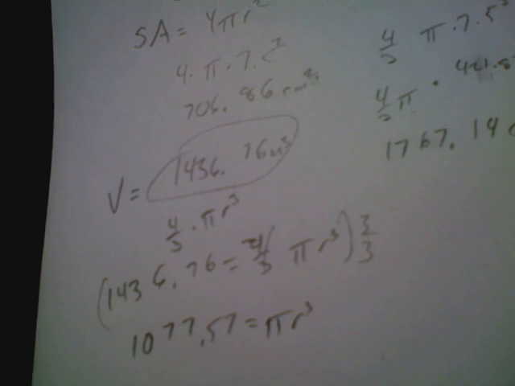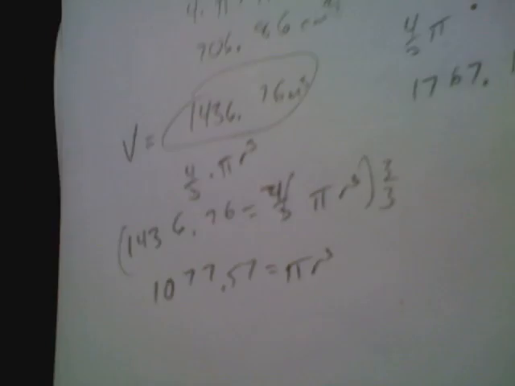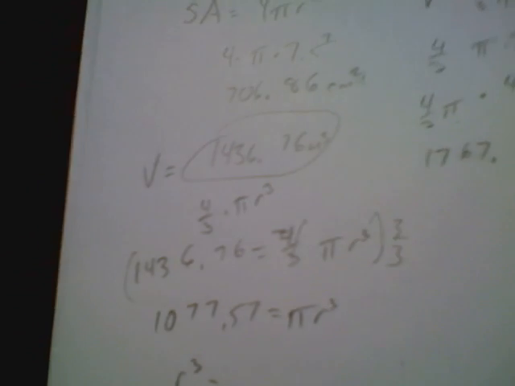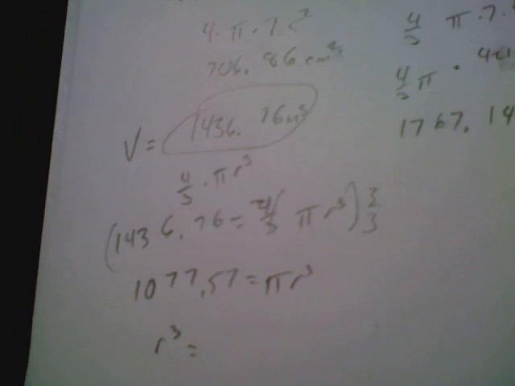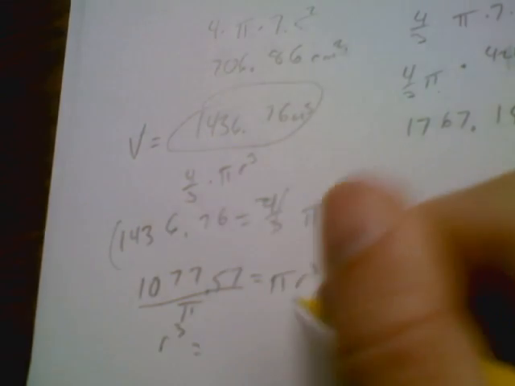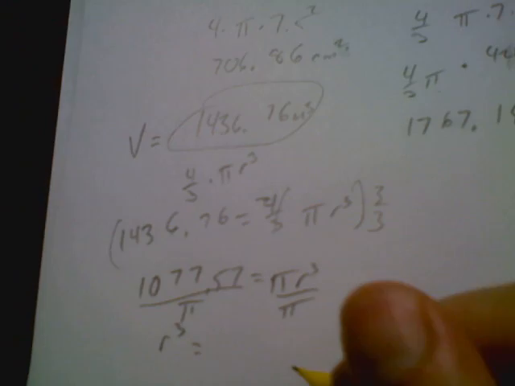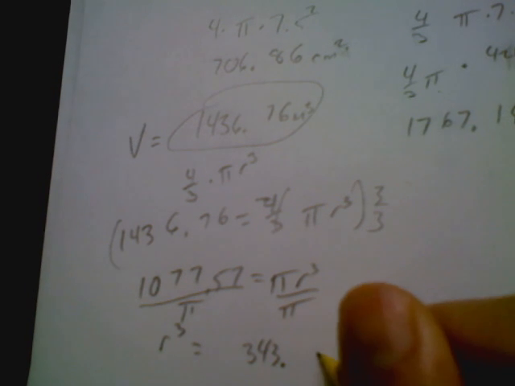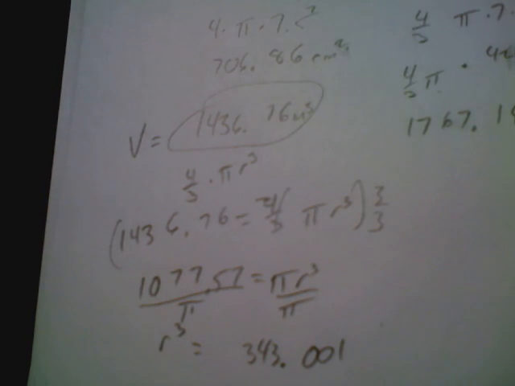Then we divide by pi, and r to the third equals, dividing by pi, 343.001, roughly.